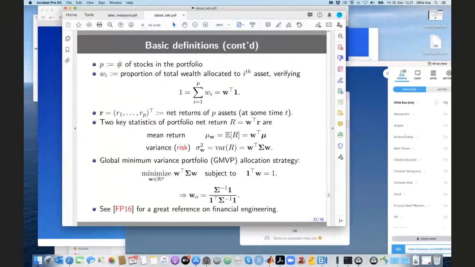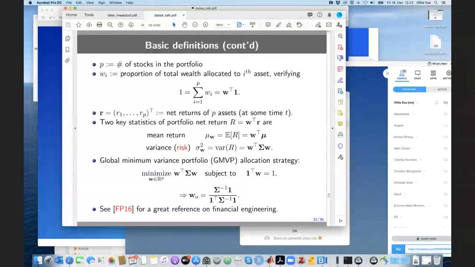The scenario that we are looking at is that we have P stocks, and a weight term, which is the proportion of wealth that we allocate to the ith asset. These weight terms sum to 1. The random vector R denotes the net returns of these P assets.